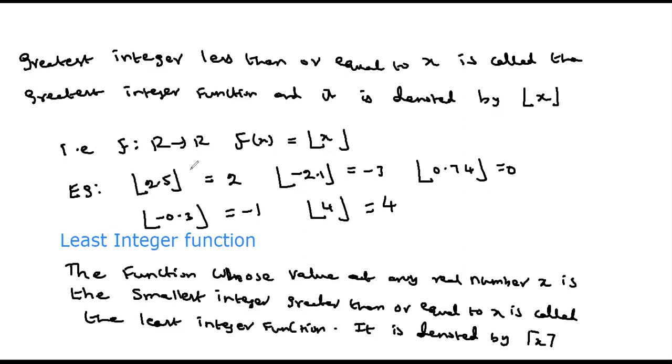ஓகே, கிரேட்டஸ்ட்ல யார் லீஸ்ட், லீஸ்ட்ல யார் கிரேட்டஸ்ட். அண்டர்ஸ்டாண்ட் பண்றீங்களா? இங்க லெஃப்ட் பாக்குறோம்னா, அங்க ரைட் சைடு பார்க்கணும். லீஸ்ட் இன்டிஜர் ஃபங்க்ஷன்ல நம்ம ரைட் சைடு பார்க்கணும். நெக்ஸ்ட் இத எப்படி அப்ளை பண்ணனும்னு சொல்லி தரேன்.